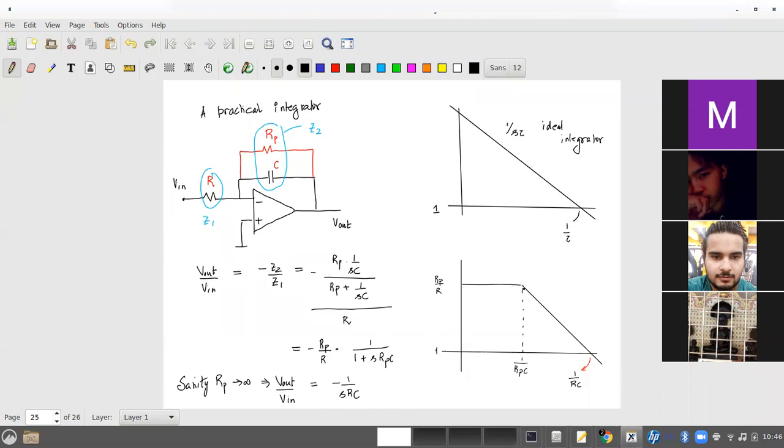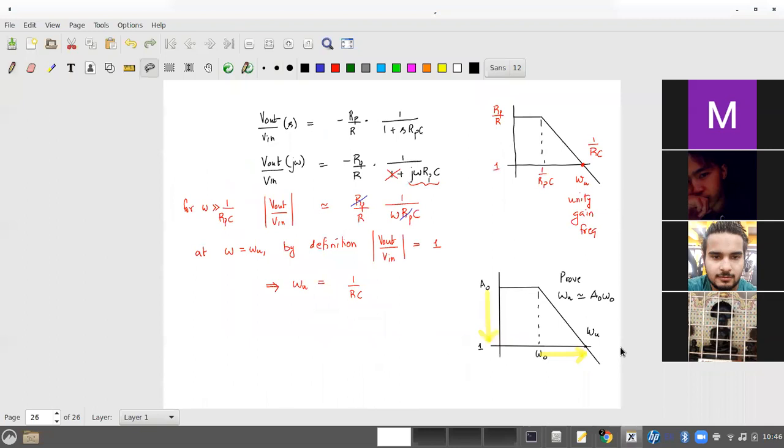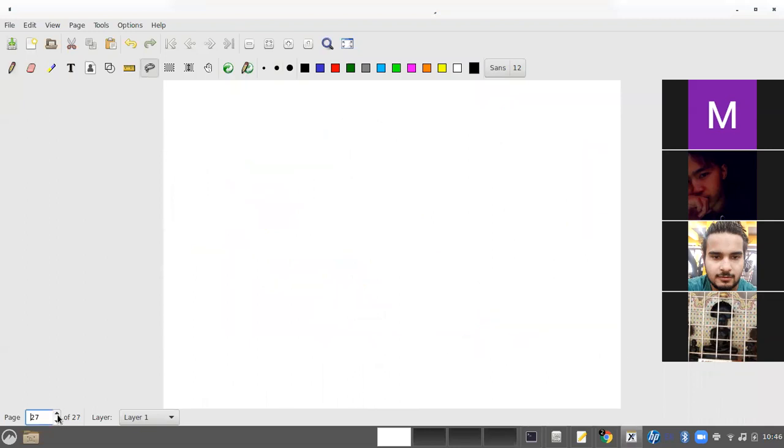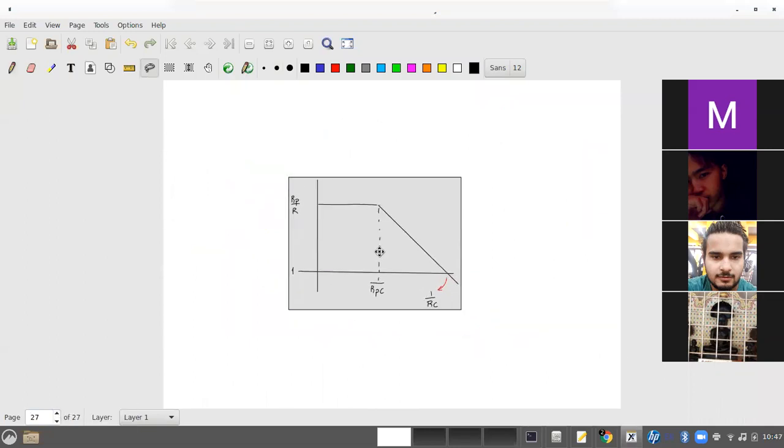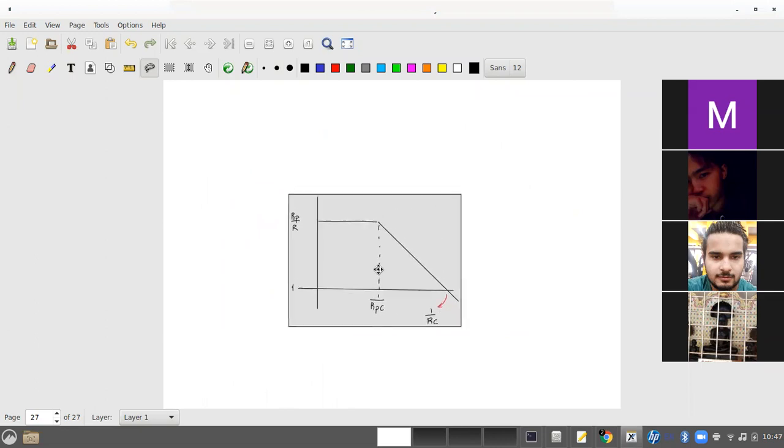So you limit the gain of the integrator. But the transfer function does not look like an integrator anymore, right? So how do you choose this Rp such that your circuit still works as an integrator for the frequency of interest? Any ideas?